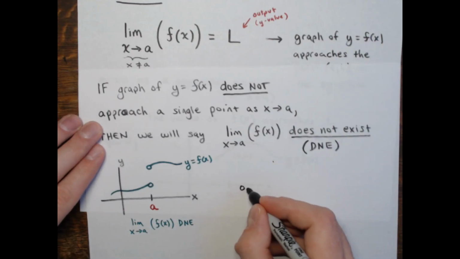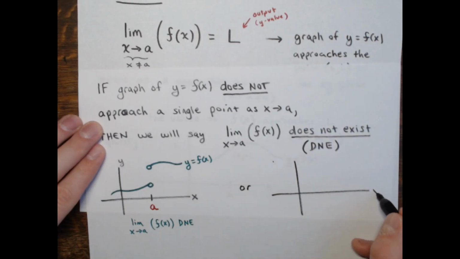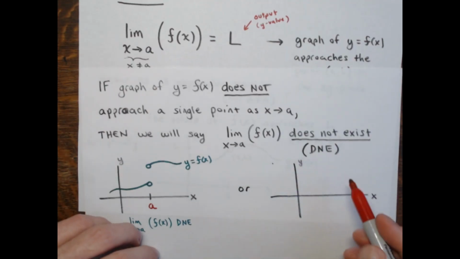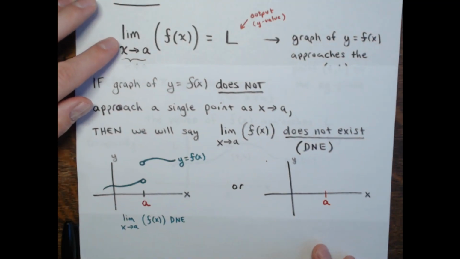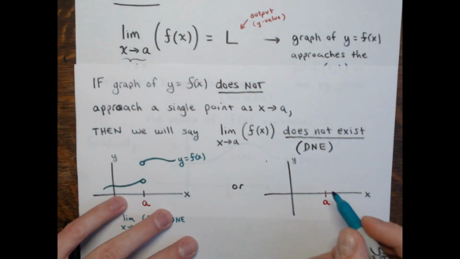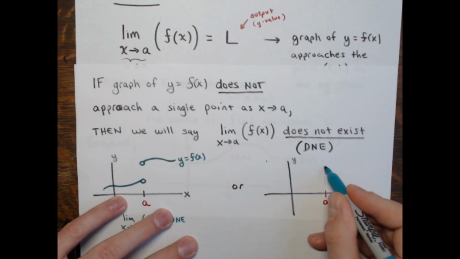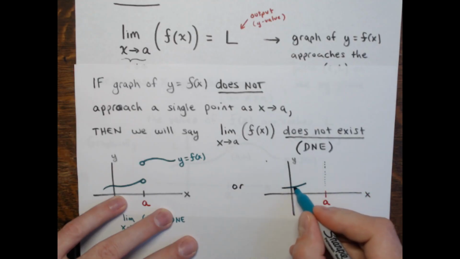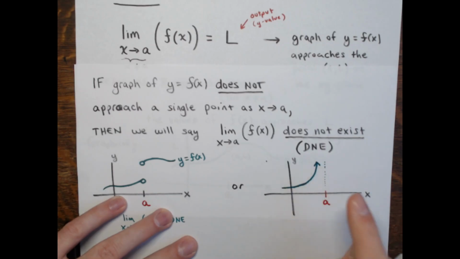There are other cases. I'm not going to put every single scenario up here, but again, xy plane, here's the value called a. Maybe you have what's called a vertical asymptote, where on one side, say on the left side, as I get nearer to a, the graph goes up forever.